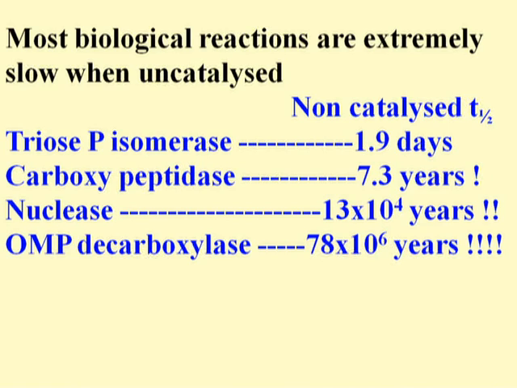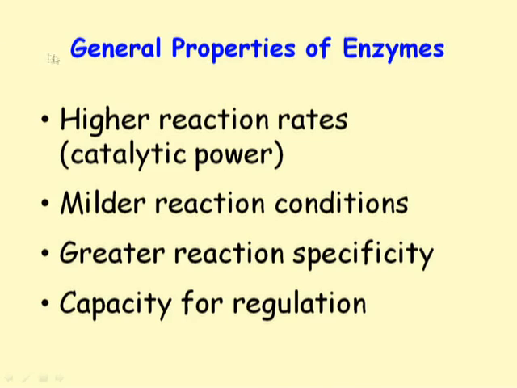For an E. coli to double every 15 minutes, it cannot afford to wait for a nucleotide to get synthesized in millions of years. So the important aspect of enzymes is their immense catalytic power.